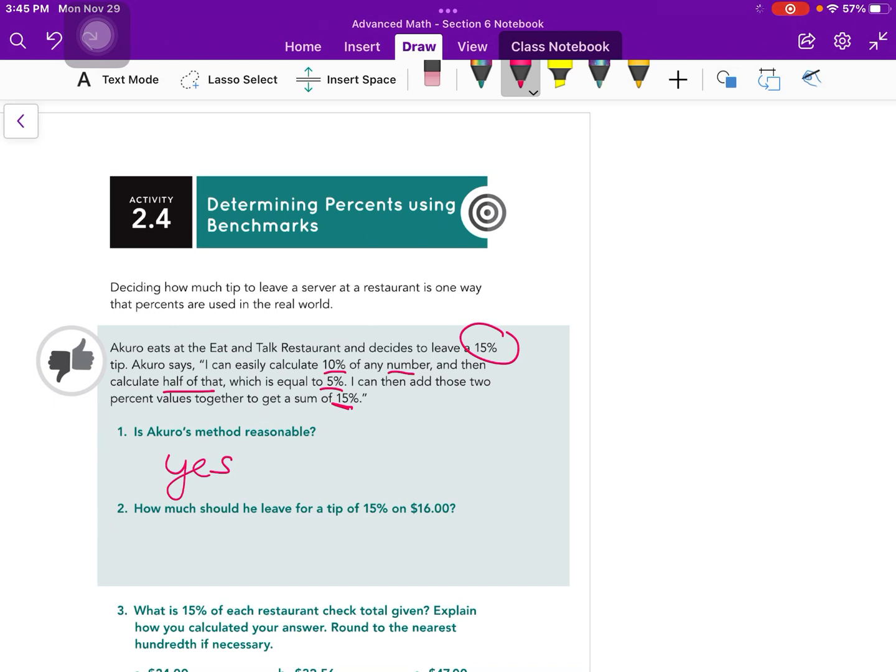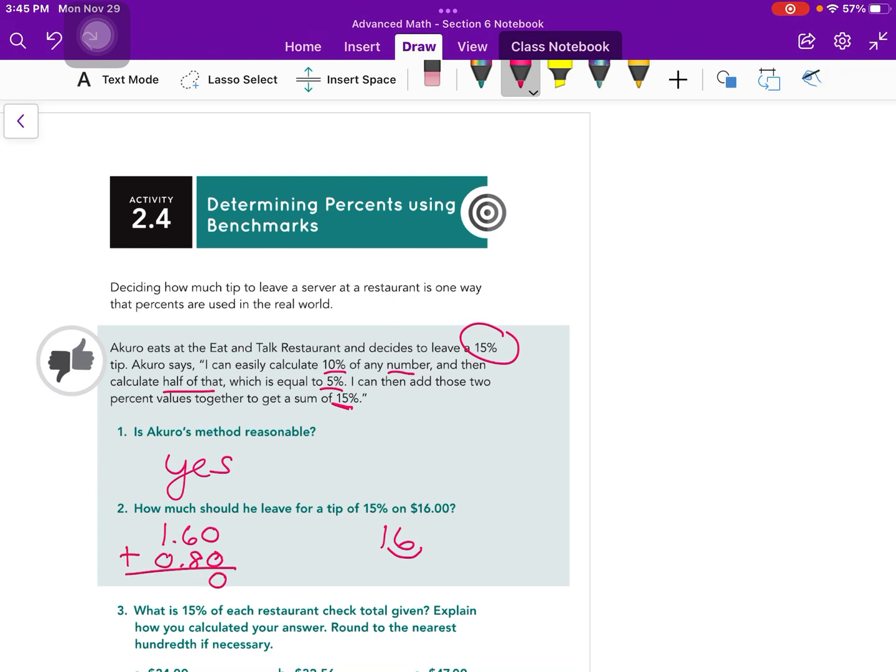How much should he leave for a tip on $16? Well, let's test this out. If it's $16 and I want to leave 10%, that's 1 place to the left, so that's $1.60. And then half of $1.60 is like half of 16, kind of, and that would be 80 cents.